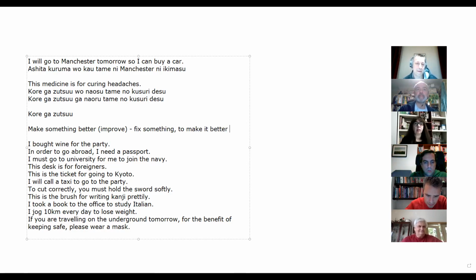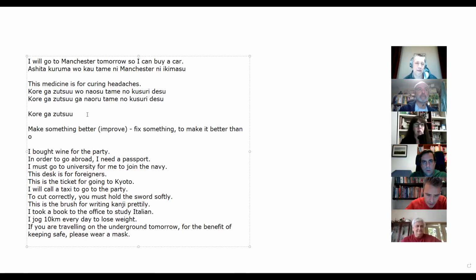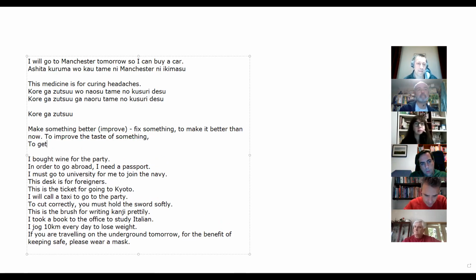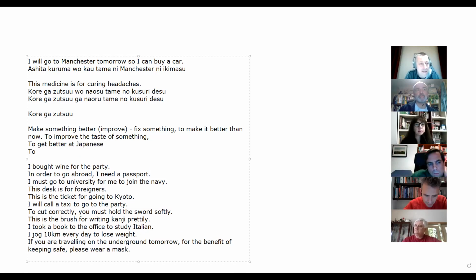For example, to improve the taste of something, to become better at Japanese, to fix a relationship with somebody.